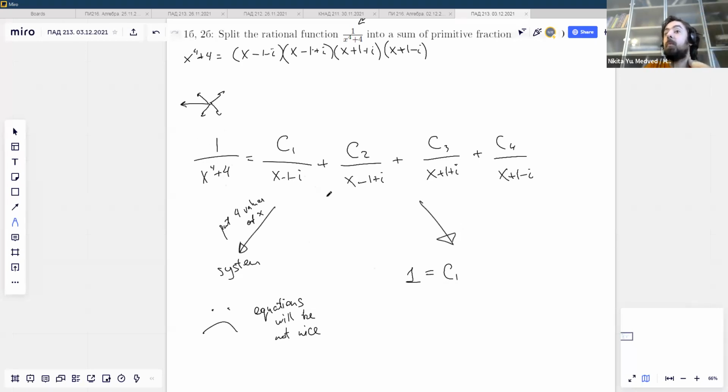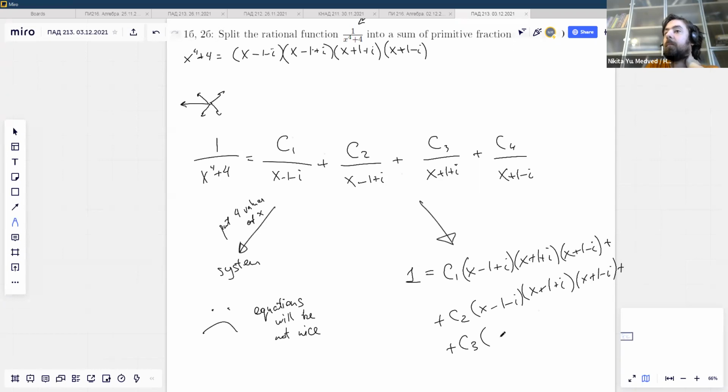Then in the left-hand side we get 1, or whatever was in the numerator originally, and in the right-hand side I get the following. Okay, I won't rewrite the last two, but it is easy to understand how they should look.